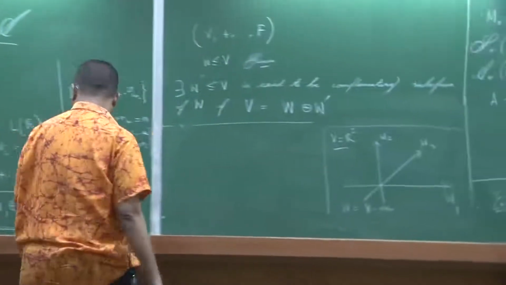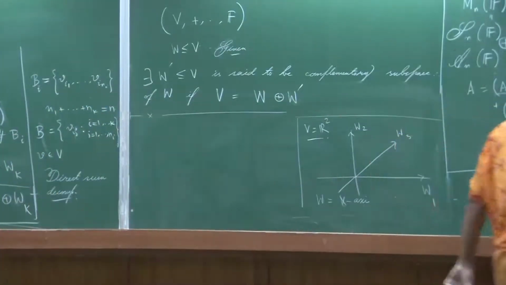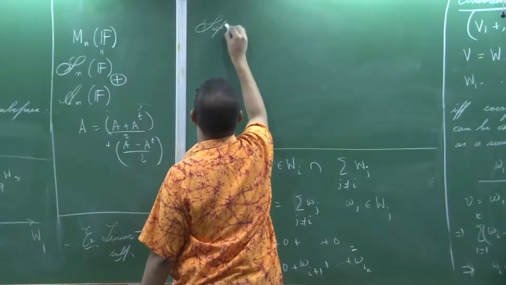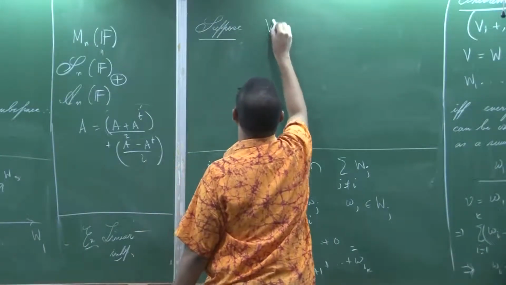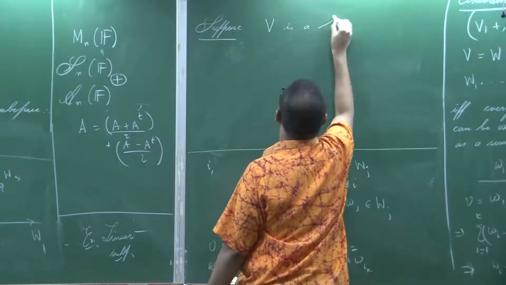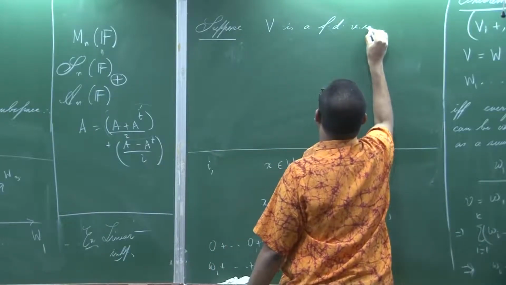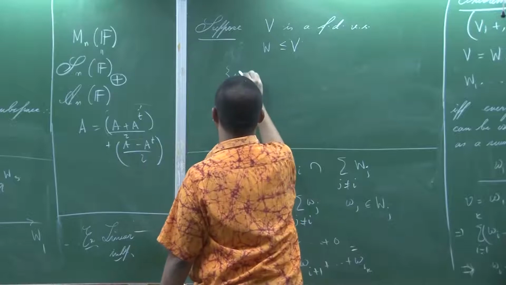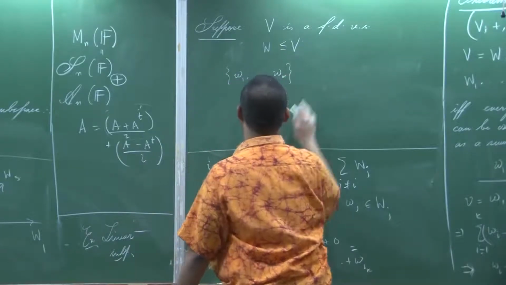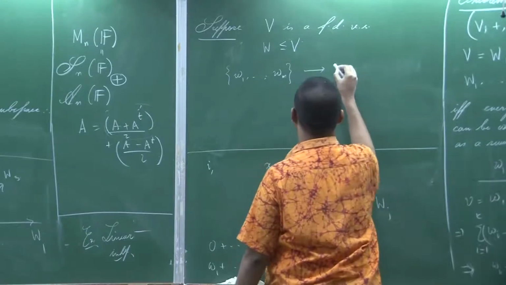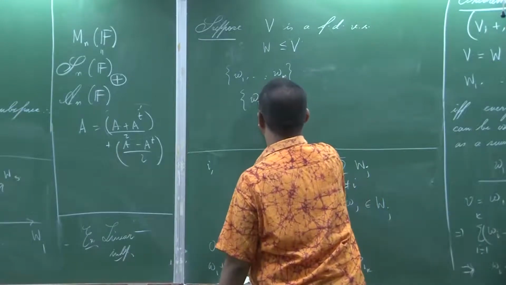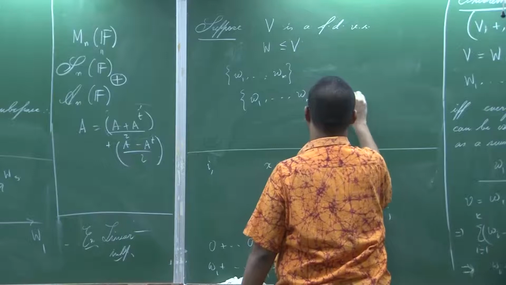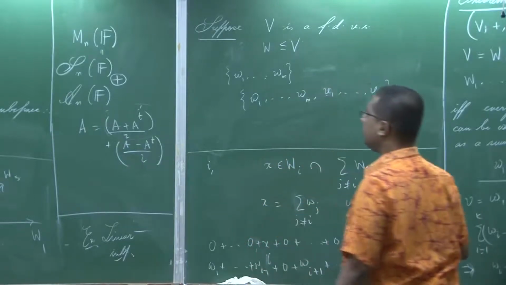So, recall that, now suppose V is a finite dimensional vector space, and W is a subspace of V. So, you start with w1 up to wm, a basis of W. We extend that to a basis of V. Okay. So, this is a basis of V.